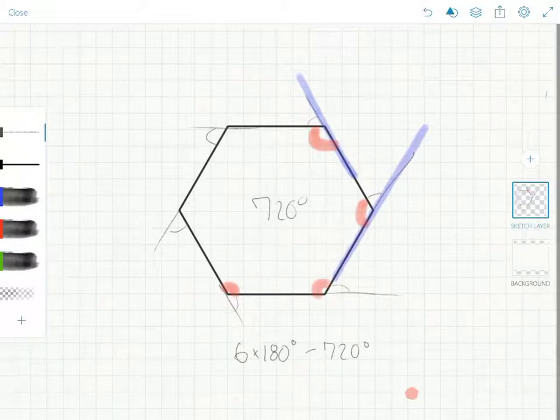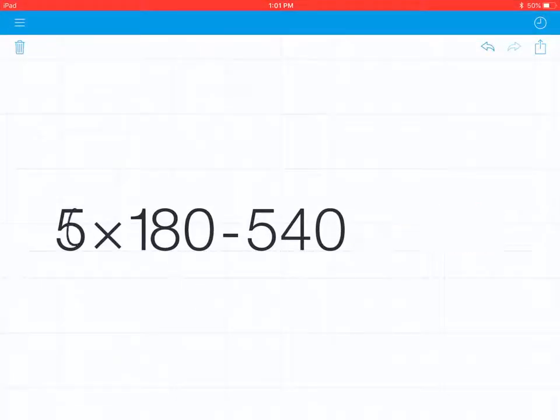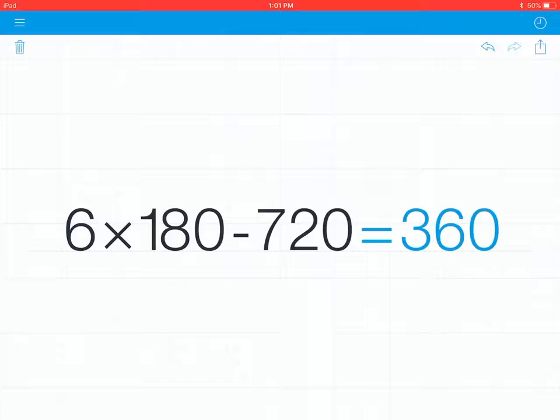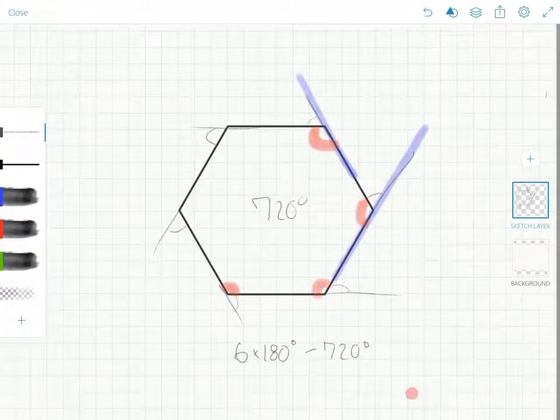So 6 times 180 minus 720 is again 360 degrees. So at this point, we would be pretty safe to assume that the exterior angles of a polygon will always add to 360 degrees. Now, why this is the case is maybe a more interesting question for another video.